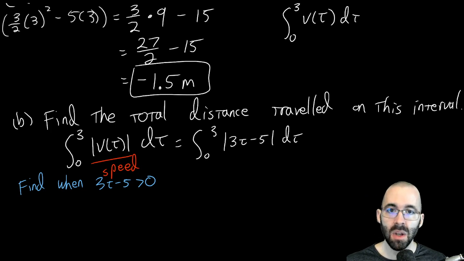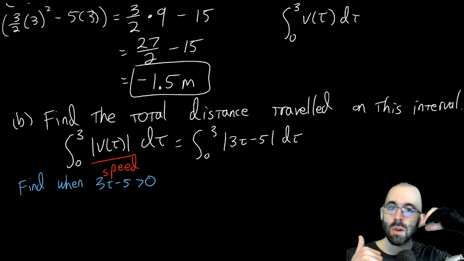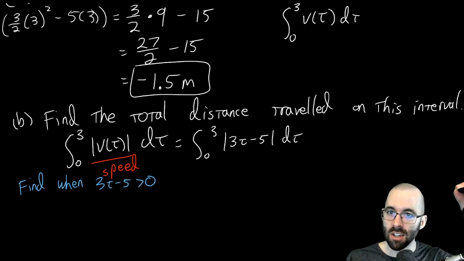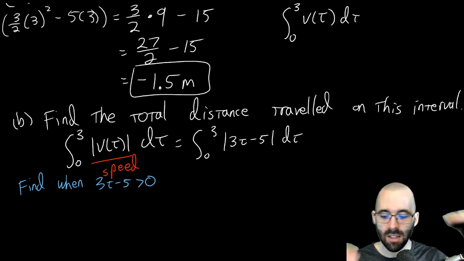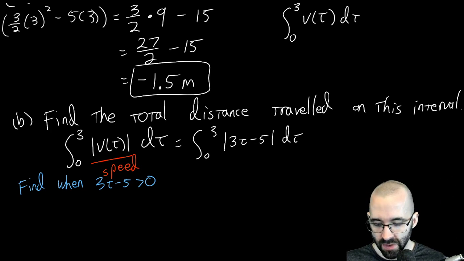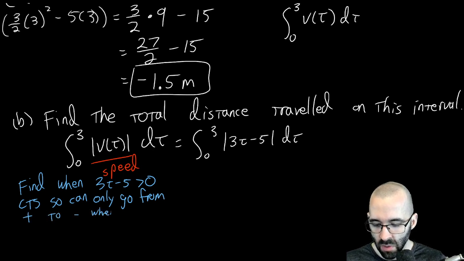And to do that, because it's a continuous function, by the intermediate value theorem, the only place it can switch between positive and negative is when it's 0. So it's continuous, so it can only go from positive to negative when it equals 0.